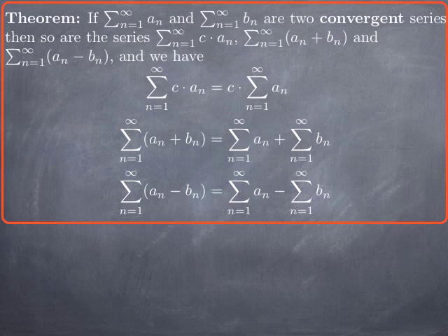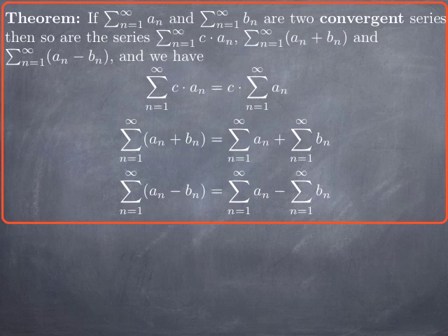All these series are convergent, and to obtain the sum of the series of general terms C times AN, we multiply C by the sum of the series of AN. Similarly, the sum of the series of AN plus BN is simply the sum of the sums of the two series of AN and series of BN.